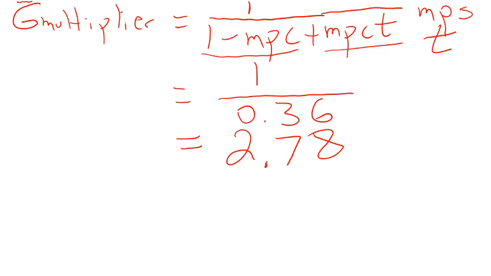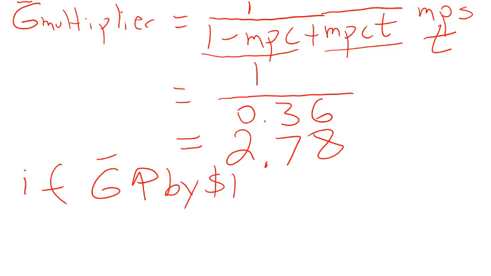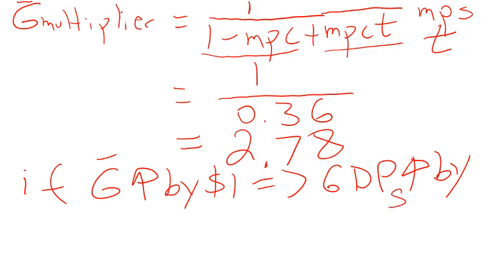What does it mean? It means the following. If government spending, in this case autonomous government spending, goes up by $1, then what happens to GDP? GDP will go up by how much?